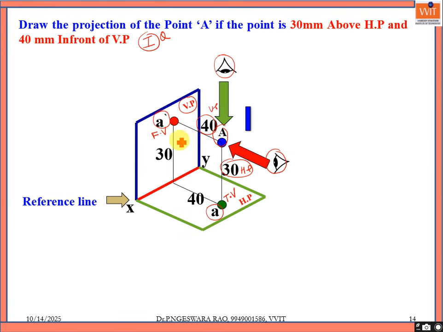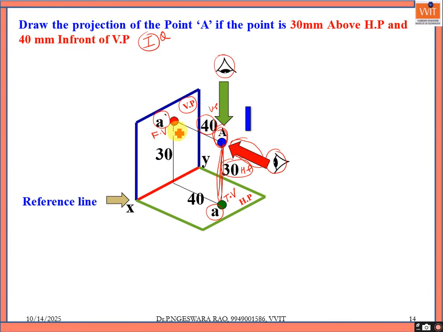Now if you observe the object in the front view direction, looking in this direction, we can see the distance of this object with respect to the horizontal plane. This distance only we can get.